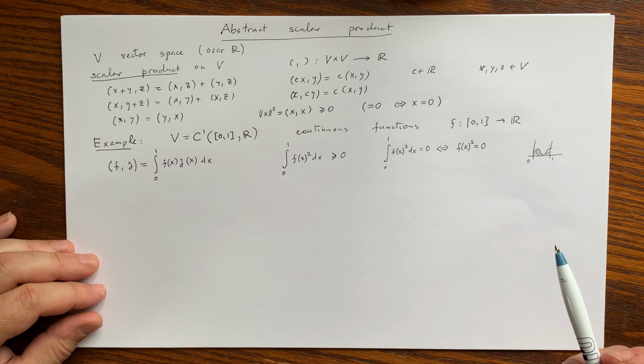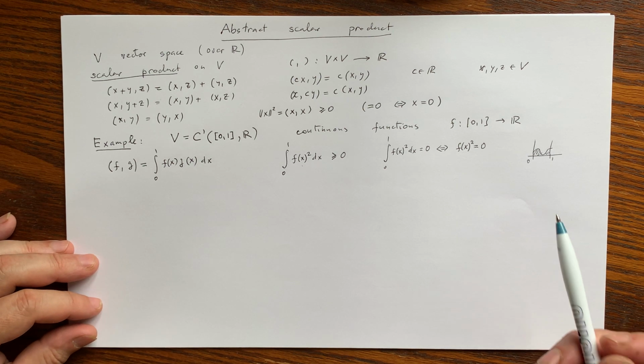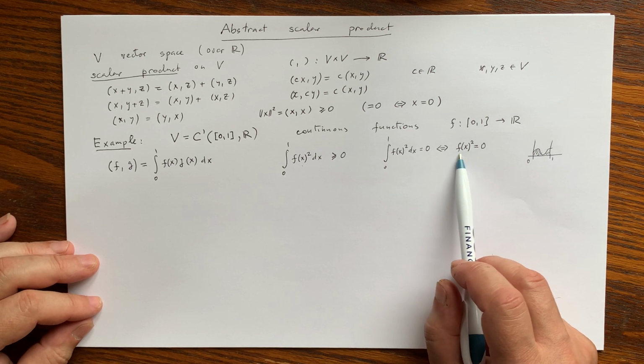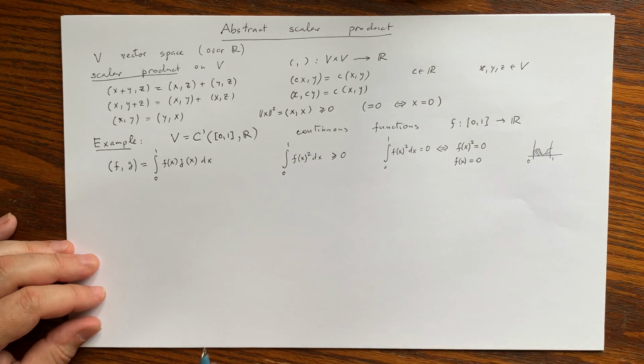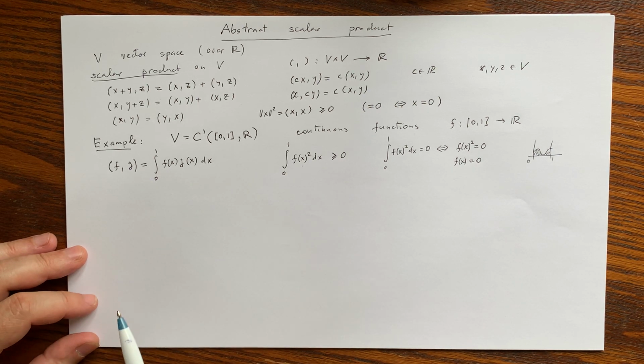Non-continuous functions can still be not totally 0 but have 0 integral, like delta functions, but continuous functions are free from these pathologies, and we must have f of x being 0 itself. So that is the positive definiteness of this scalar product.